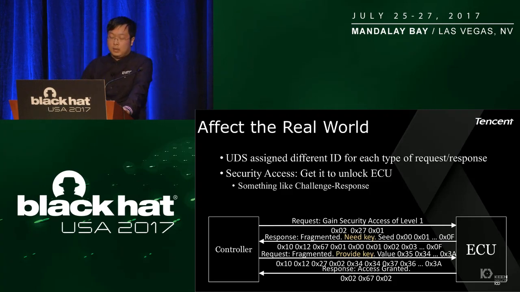It works something like challenge-response. You need to send a request to get security access, and the ECU tells you it needs a key, and you have some algorithm with input and output and provide the key to the ECU. Then the ECU will tell you if the access is granted or denied.